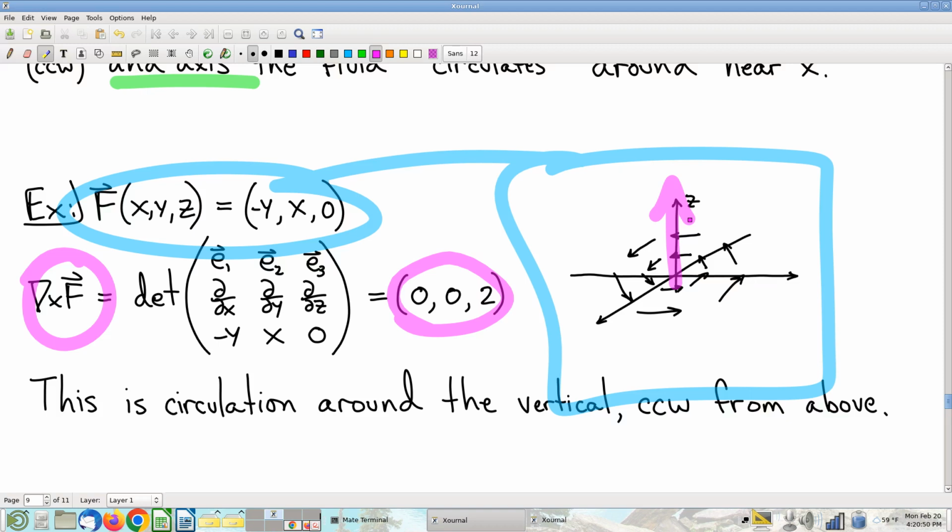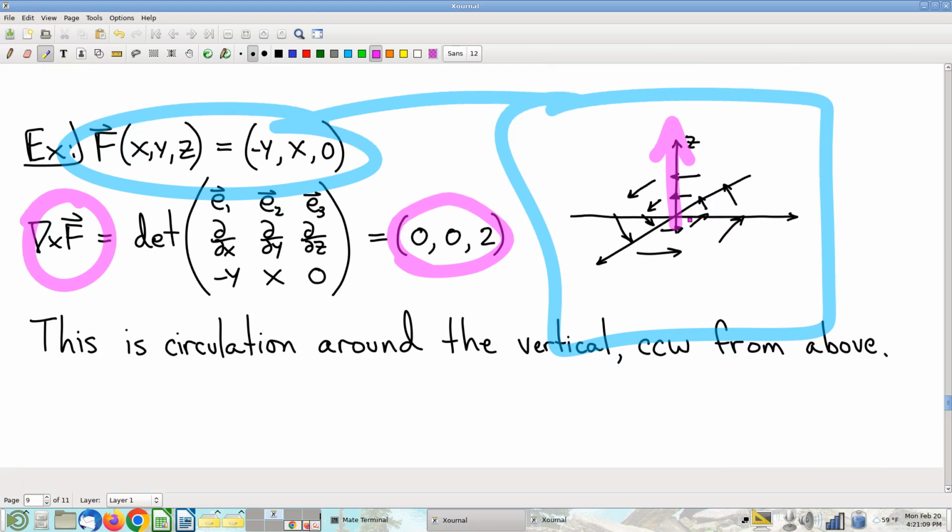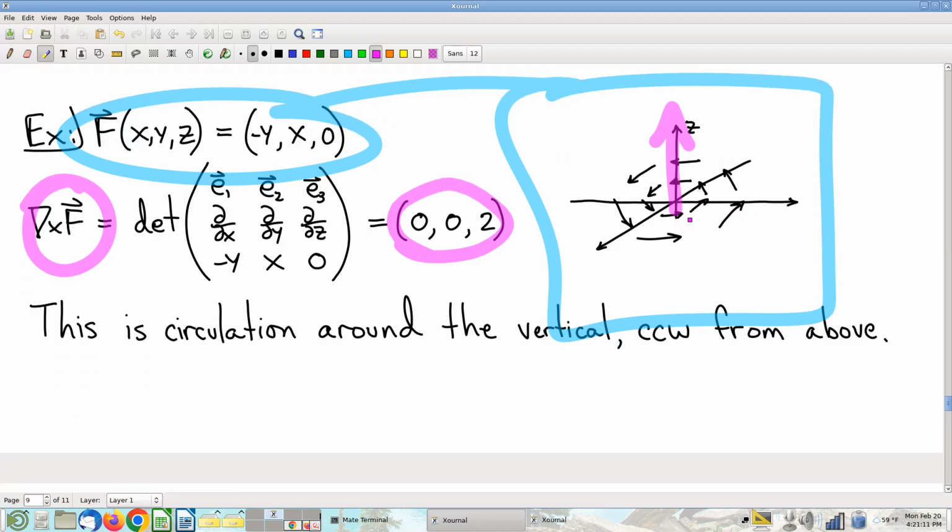And furthermore, it's right-hand rule consistent. If I point my thumb in the direction of the curl vector, the vector field is flowing in the same direction that the fingers of my right hand suggest. So again, we don't have the tools to be able to give a motivation for this, but this is what curl does. And we'll have to draw the line right there.